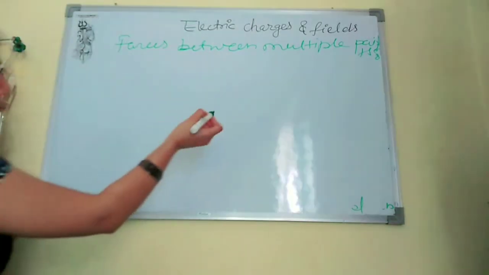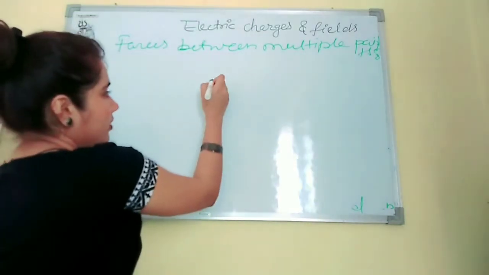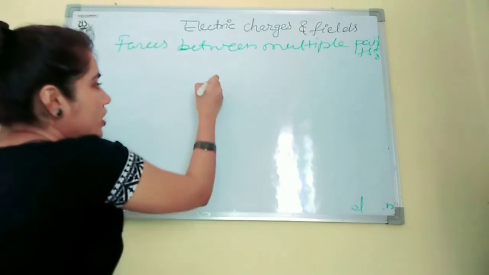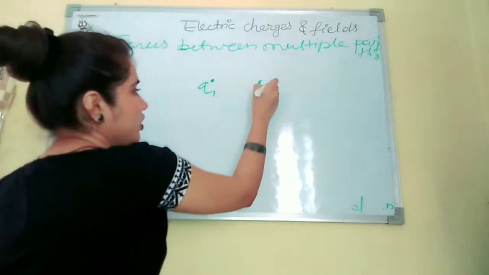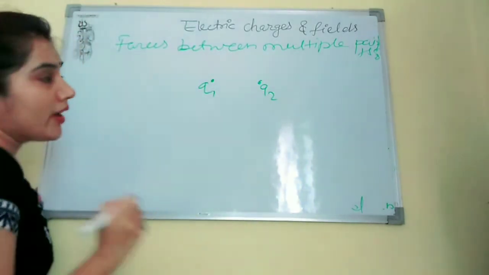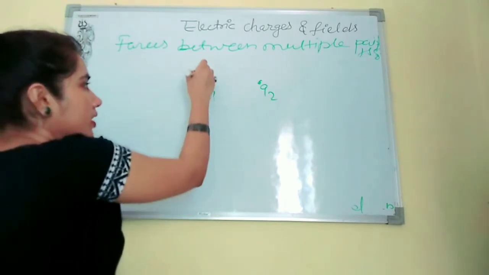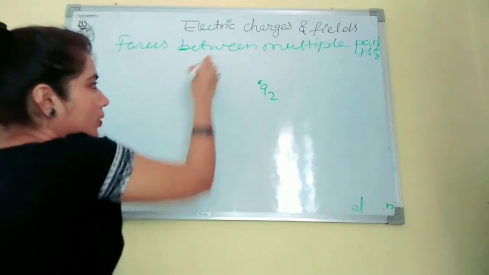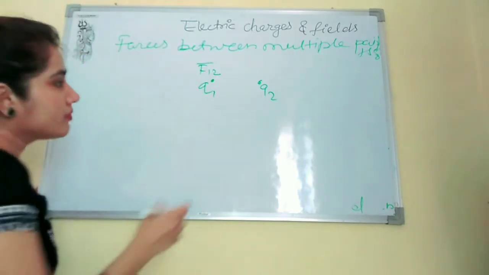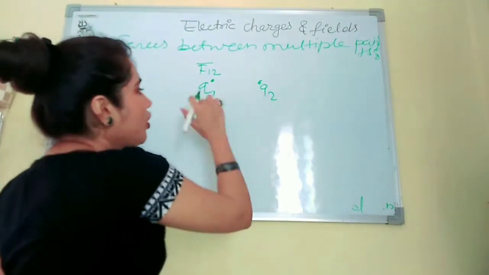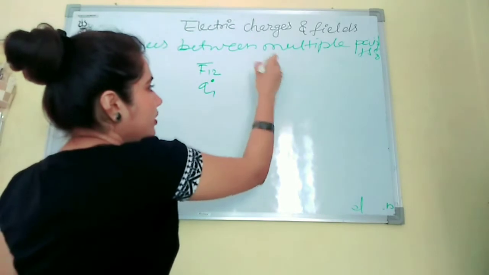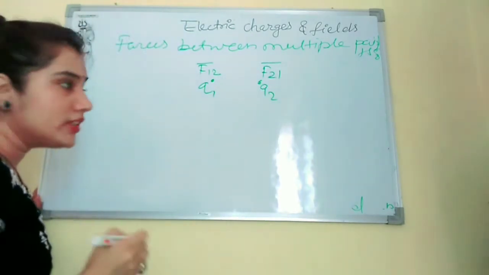So suppose this is the region and one charge is Q1 and one is Q2. The force because of Q2 on Q1 is F12 in vector form, and the force on Q2 because of Q1 is F21 in vector form, right?